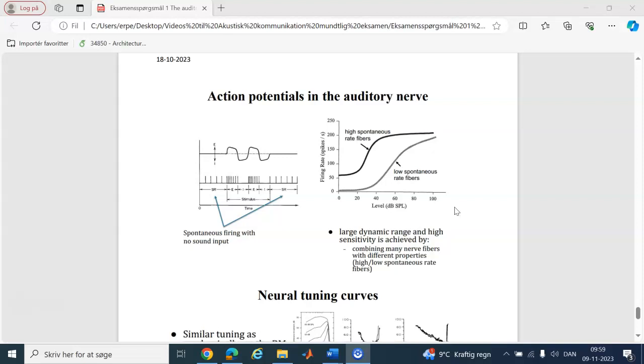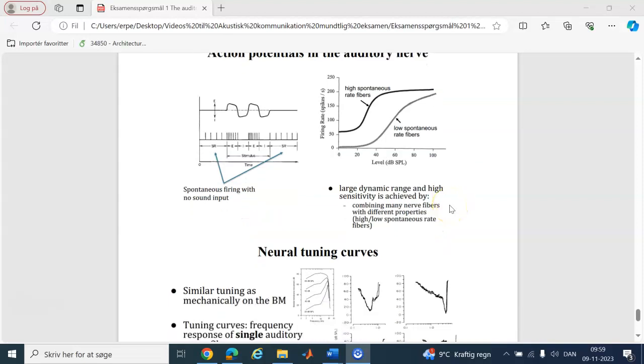Combining high spontaneous rate fibers and low spontaneous rate fibers, we get a big range.